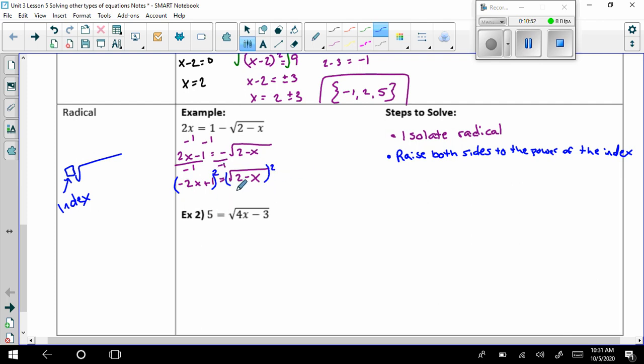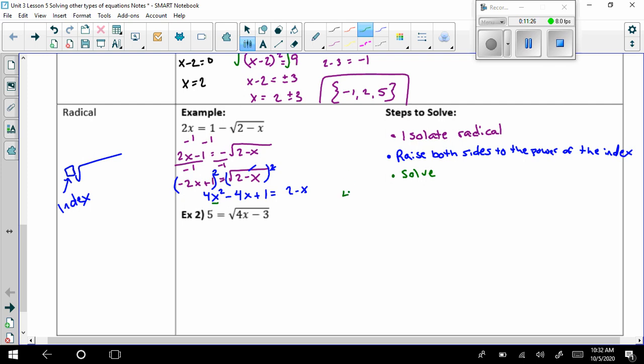This gives us 4x squared minus 2x minus 2x plus 1 is equal to 2 minus x. On the right side, these just cancel. Then we're going to solve. In this particular case, we're solving a quadratic, so we need to get it set equal to 0.